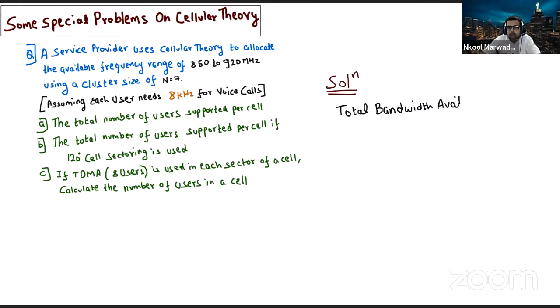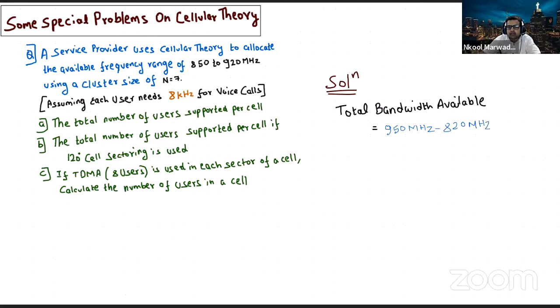Total bandwidth available will be equal to 920 megahertz minus 850 megahertz. It will be 70 megahertz.